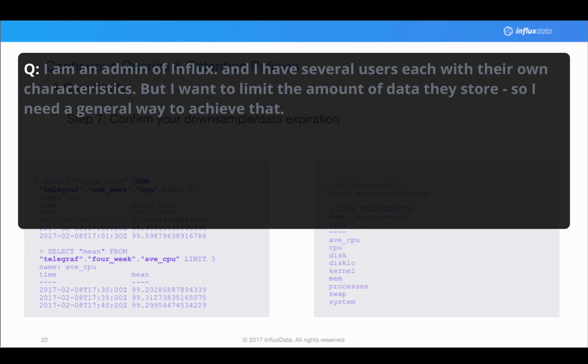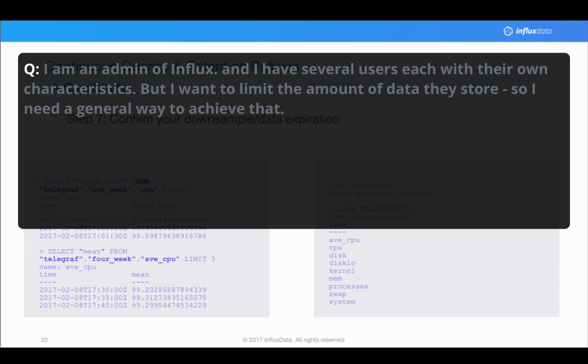Adlo asks, for me, the use case is I'm an admin of Influx and I have several users, each one with their own characteristics. But I want to limit the amount of data they store, so I need a general way to achieve that. Yeah, so with that, retention policies, obviously, and downsampling in general would be a good way to do that.